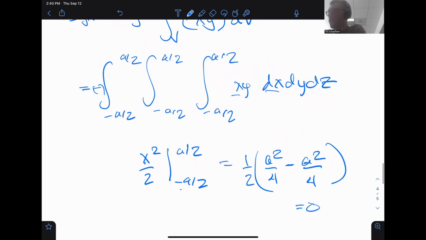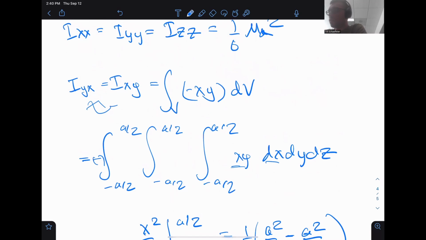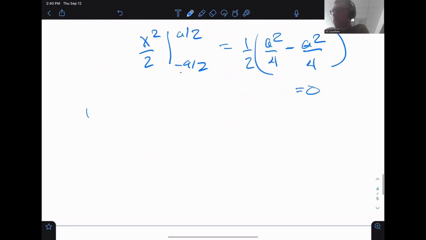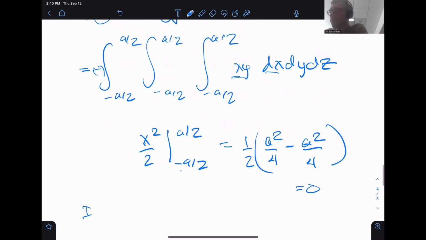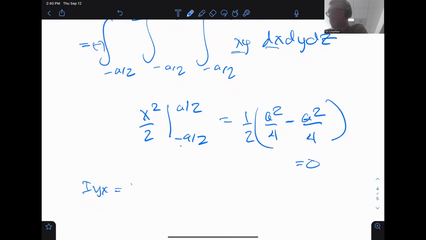And if the inner integral is 0, the entire thing is equal to 0. So we have a bunch of things that are equal to 0. Iyx is equal to 0, which means Ixy is equal to 0.